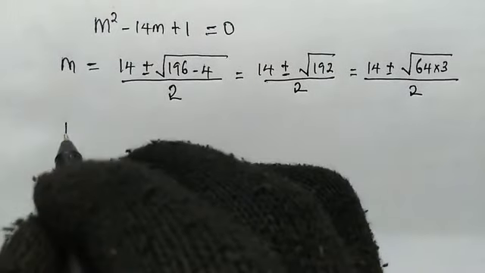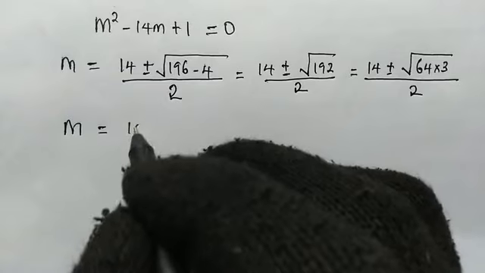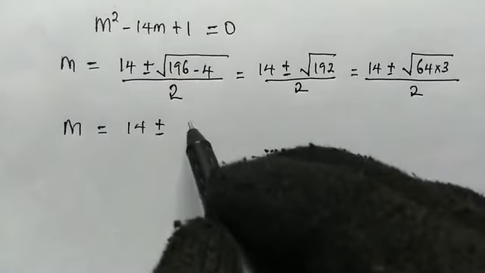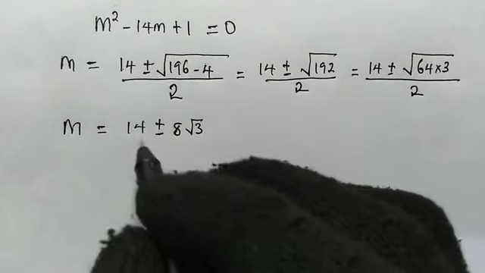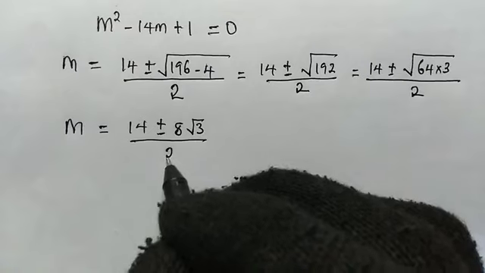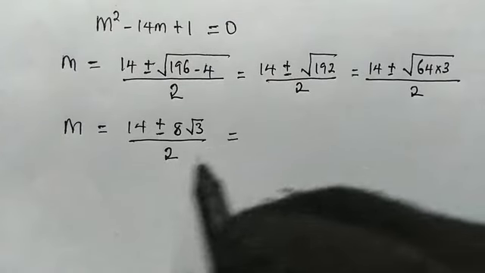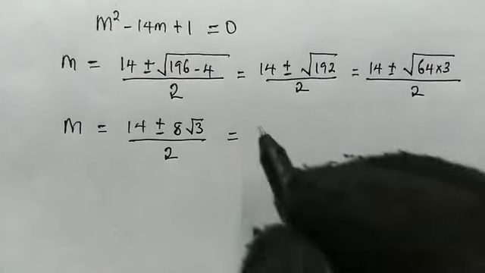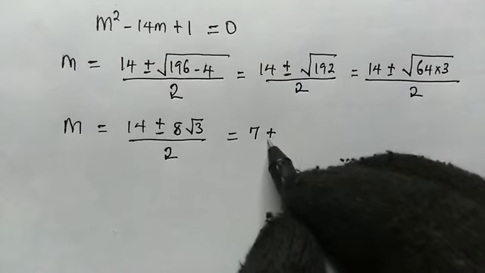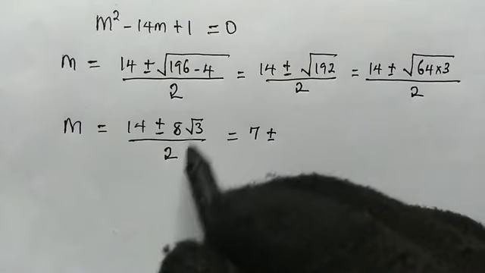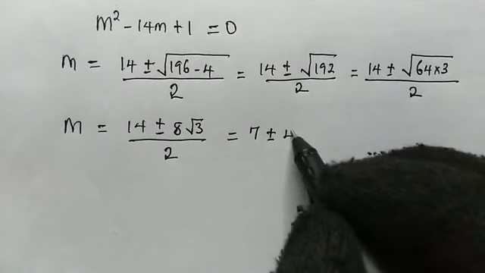So from here, we have m equal to 14 plus or minus, the square root of 64 is 8, then root 3, divided by 2. 14 divided by 2 gives us 7, then plus or minus 8 root 3 divided by 2, which is 4 root 3.